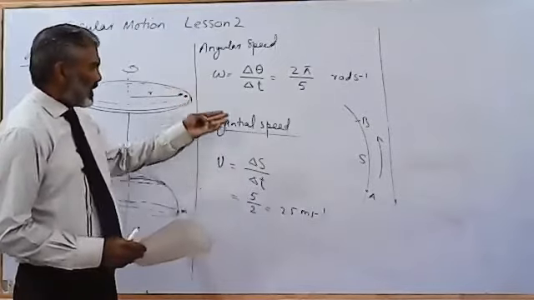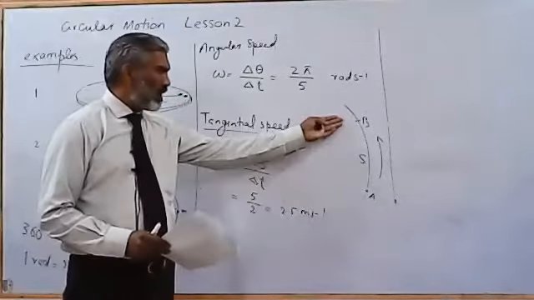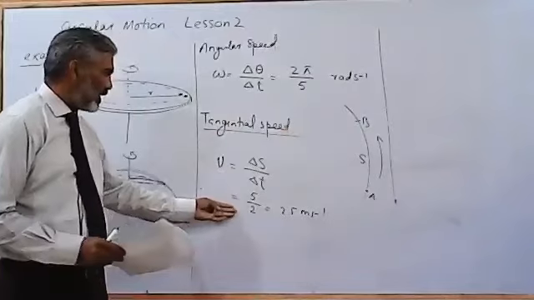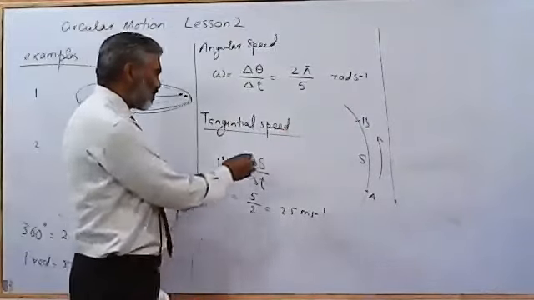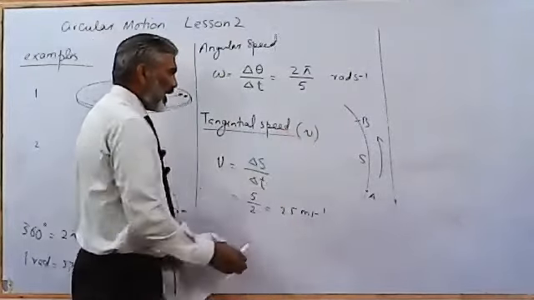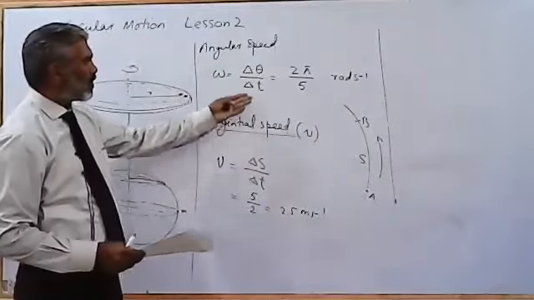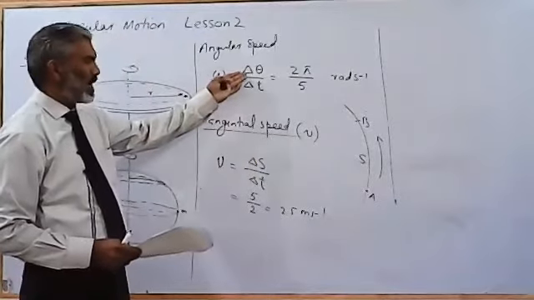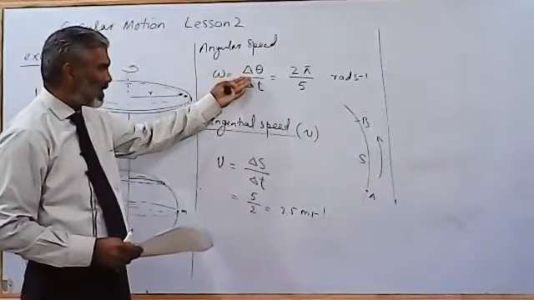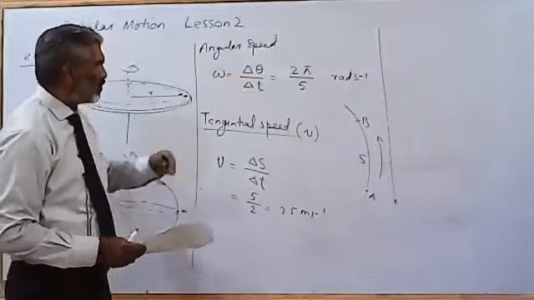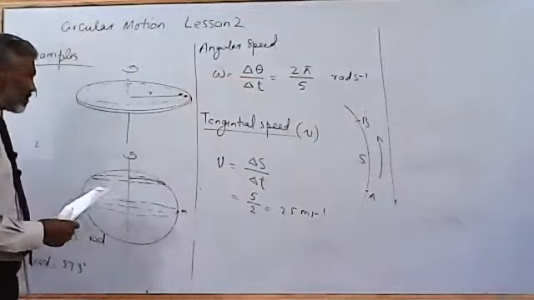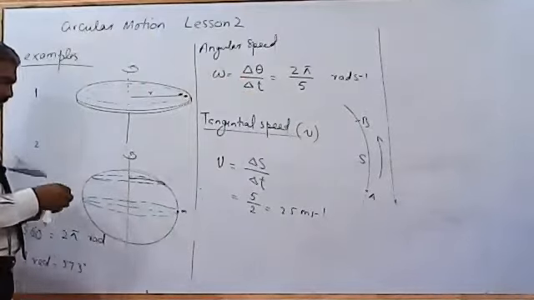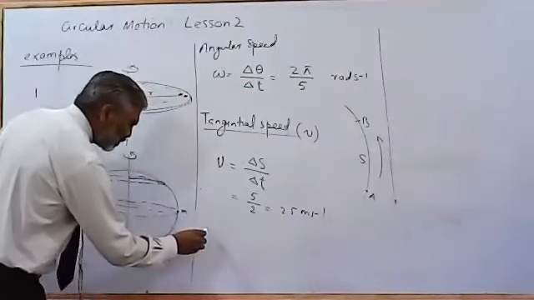So while the object is moving along this path, we have this speed, which is known as the tangential speed, which we denote as v. And at the same time, we also calculate how much angle theta is covered in the same time, and we know what is the angular speed. So angular speed and tangential speed are related through this equation.